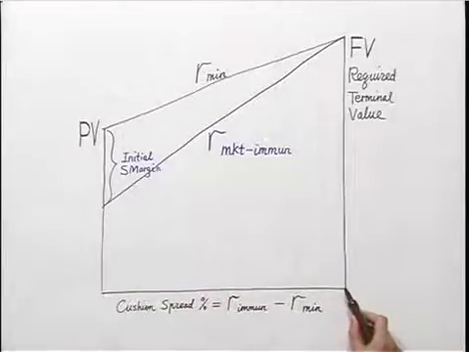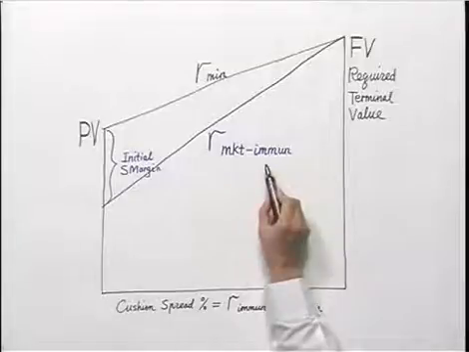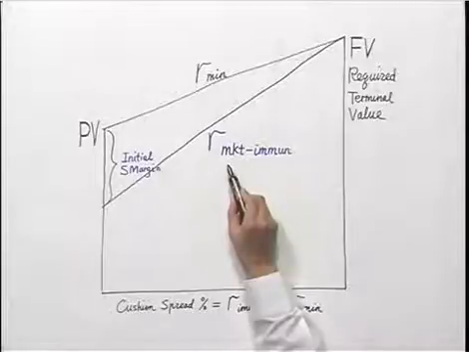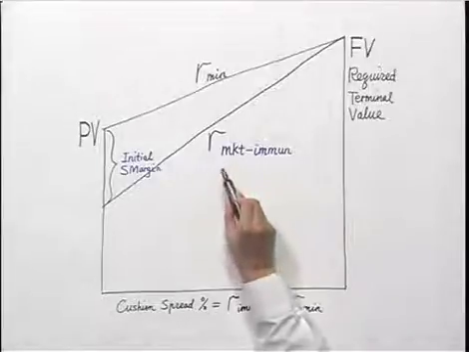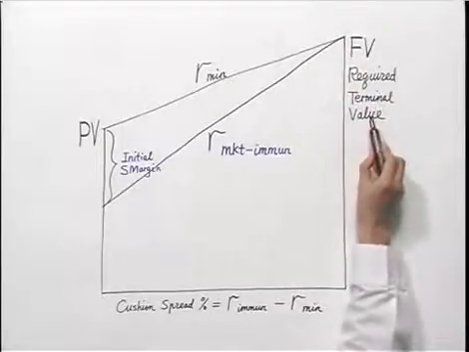And then we look at the market and ask ourselves, what's the immunization rate, or what kind of market interest rate is there that we can buy certain kinds of instruments carrying the market interest rate? If we buy those instruments, we will still be able to meet the required terminal value.